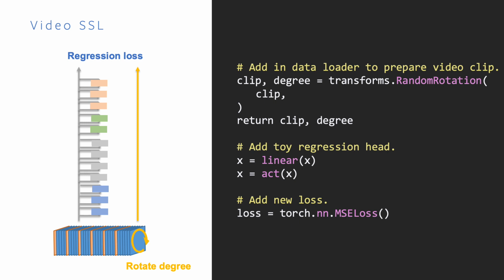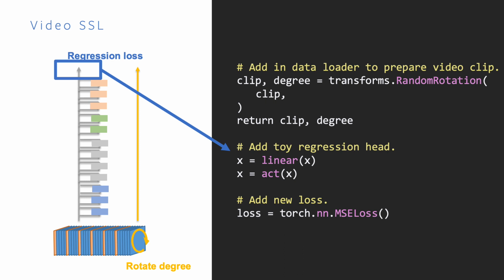Then we want to simply share how we can modify PySlowFast to make it support a rotation-based signal for self-supervised learning. There are only 3 things you need to do. The first thing is simply adding an additional transformation to rotate the video frames, as we can see from the right side in the code.